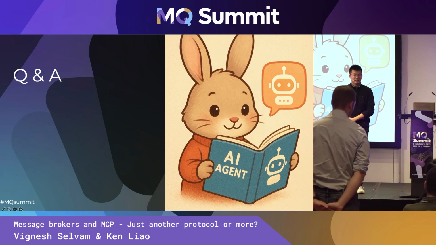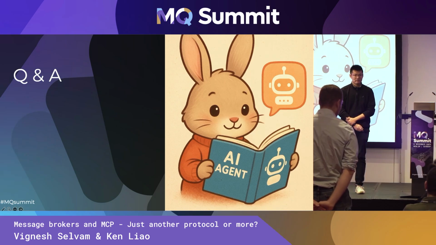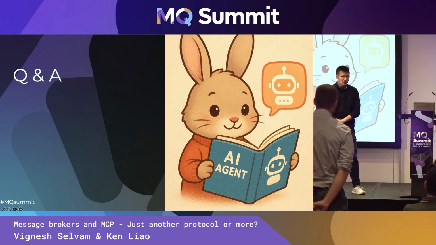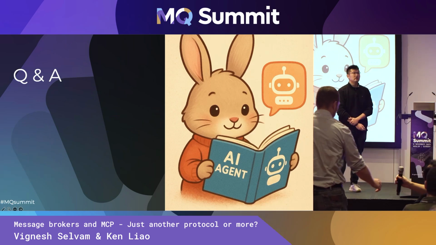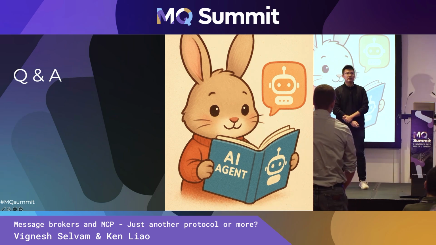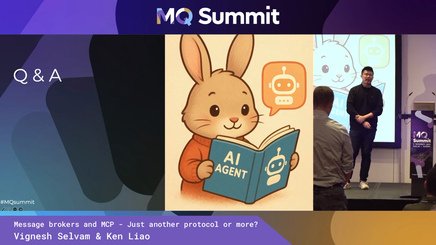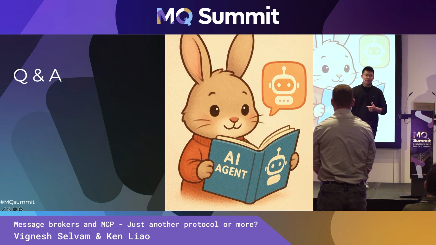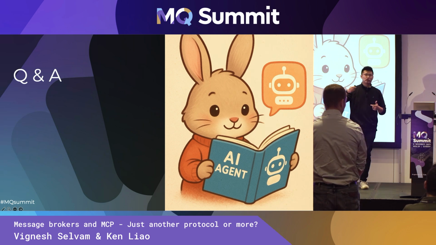It's not so clear to me how the MCP server capabilities are announced. Could you repeat your question? The capabilities, how are they discovered by the clients? Oh, so discoverability is an interesting concept. Right now, the client needs to specify what server you want to connect to. So if you write an AI agent, you specify what MCP server you want to connect to, and that's how it knows which binding and routing key to subscribe to.